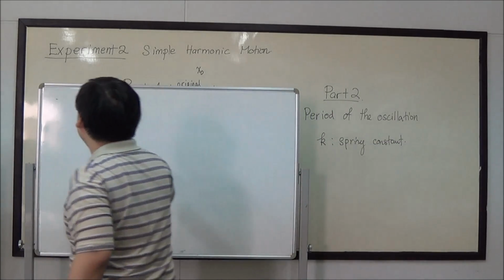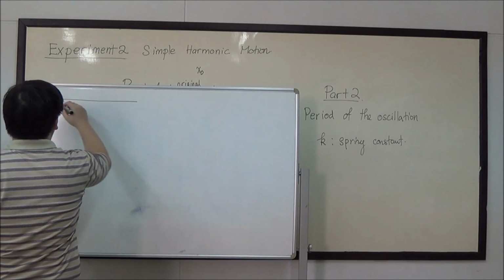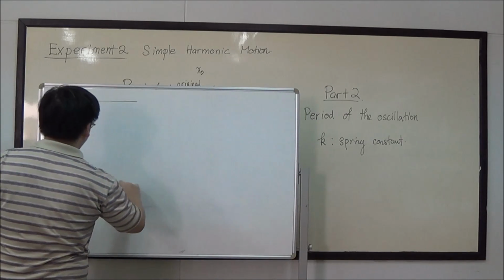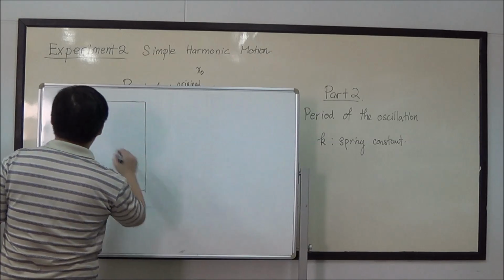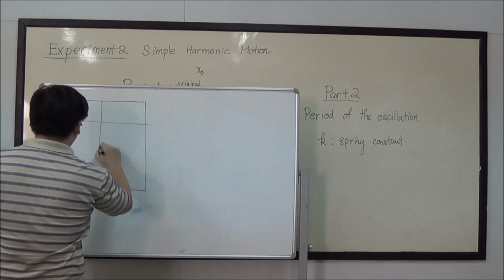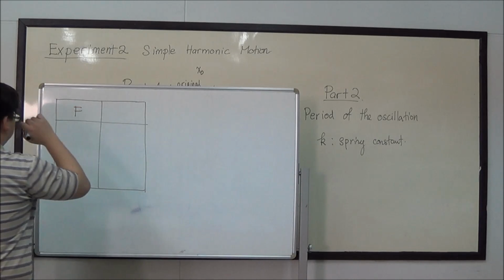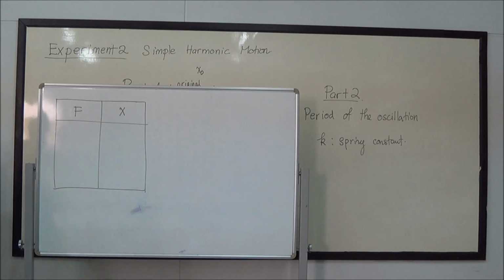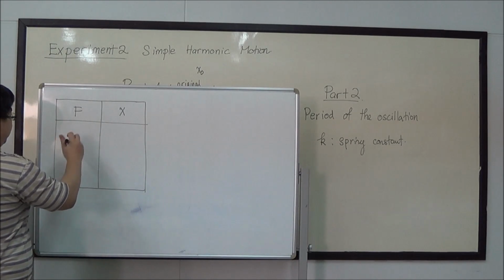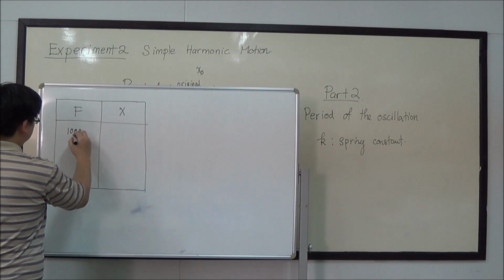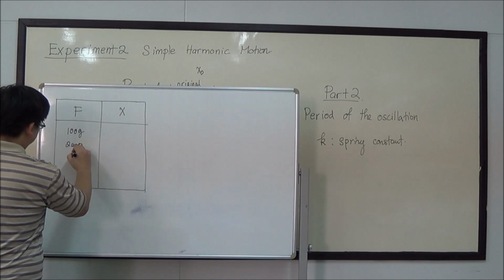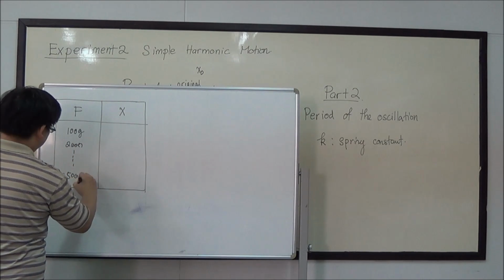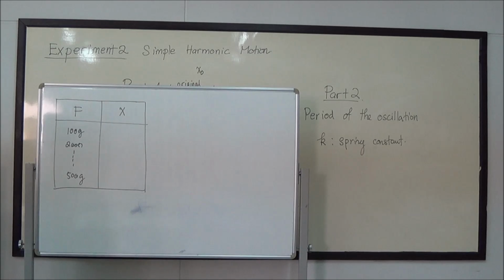So now on your table, you would have the force and the length of the spring. Here you have 100 gram, 200 gram, and you go as far as 500 gram.